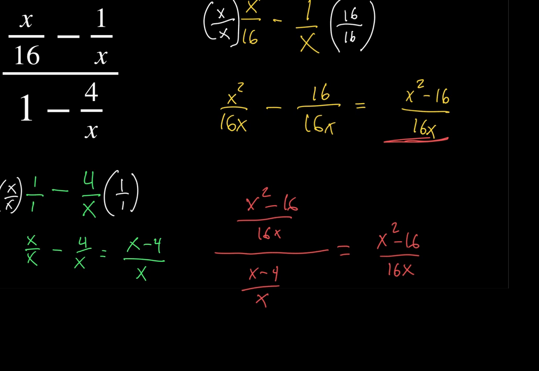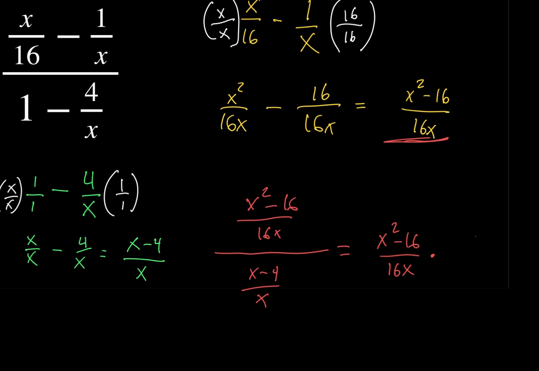So dividing by a fraction is the same as multiplying by its reciprocal. Here, I am dividing, that's what the fraction bar means. I'm dividing by a fraction. There's my fraction. Dividing by a fraction is the same as multiplying, so times its reciprocal. So I take whatever I'm dividing by and write its reciprocal.